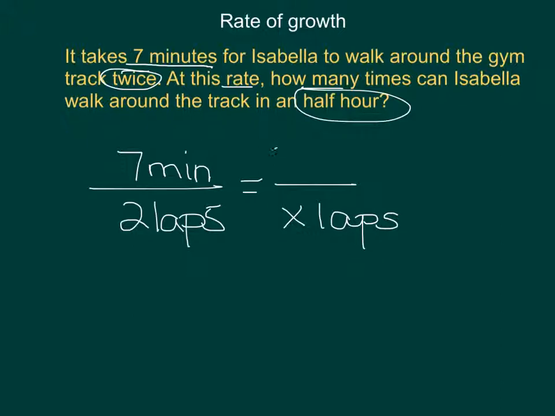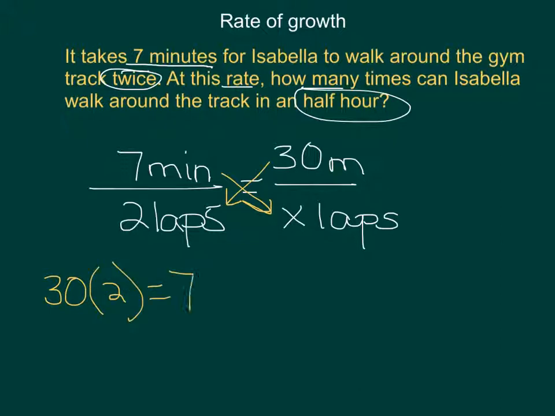So with that, we get 30 minutes. Now you can go in and cross multiply. So we have 30 times 2 equals 7 times x.